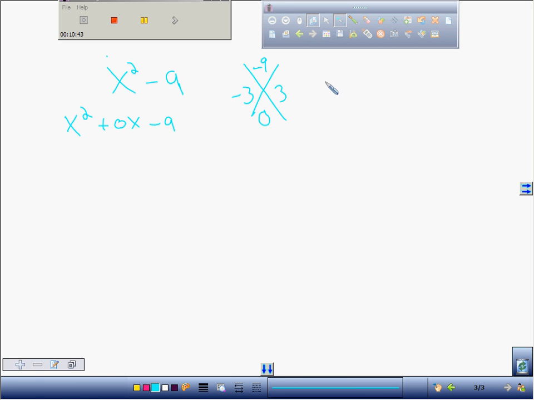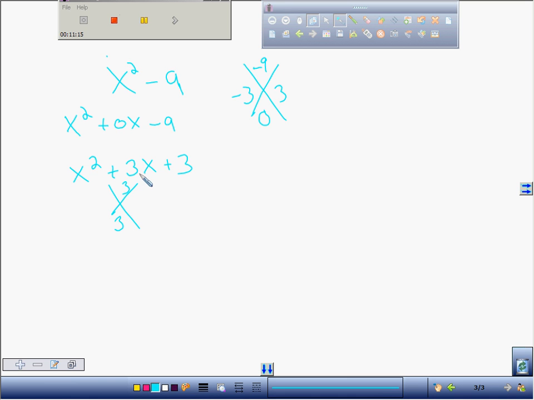Why is there 0x? Well, because there's no term in between the x squared and the 9. So I just threw in a 0x because when I do the cross and box method, say I have x squared plus 3x plus 3 or something, at the top of the cross goes 3, at the bottom of the cross goes 3.